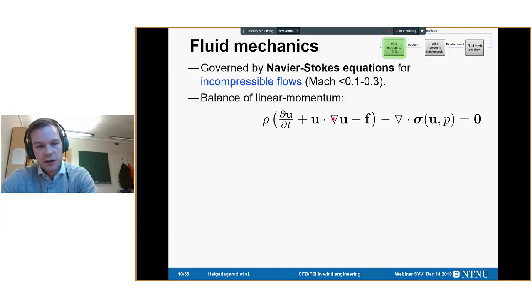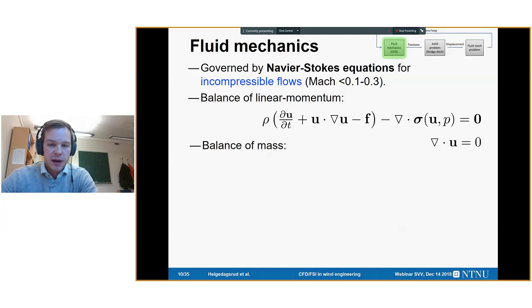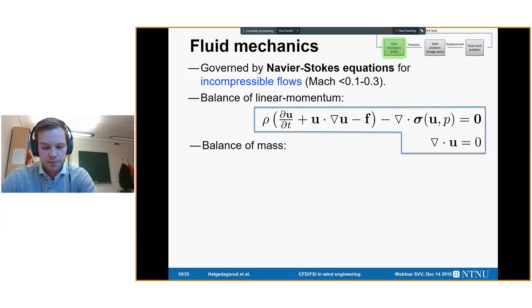We have the advection of the fluid, and the body forces should be balanced by divergence of stresses. There's one for each direction. And we have the mass balance. So what flows in needs to flow out. So this is the Navier-Stokes equations.